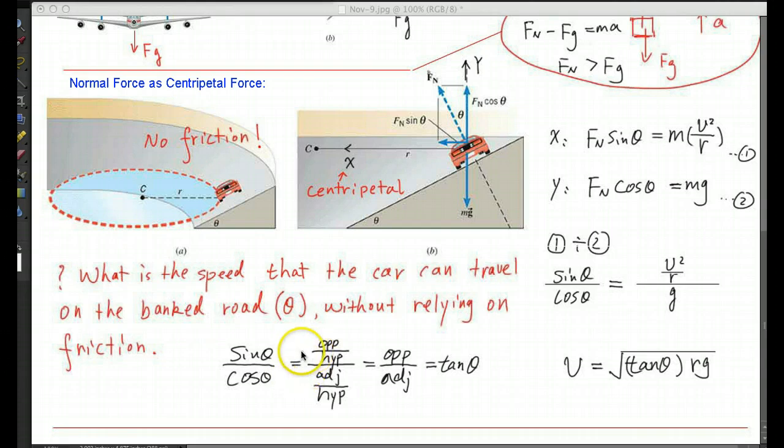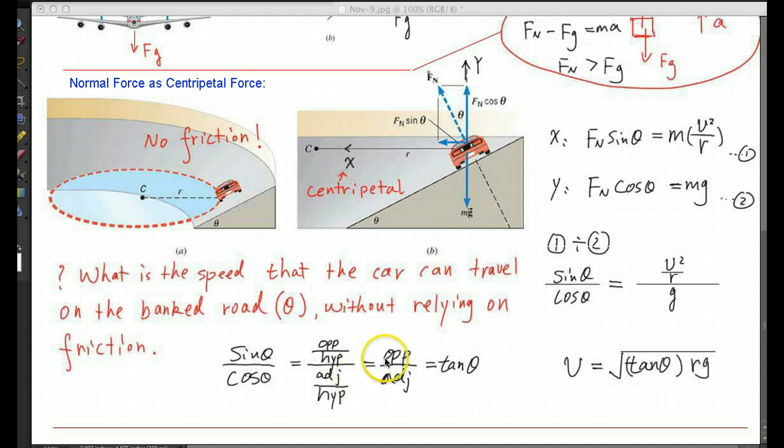What you can do is write sine theta as opposite over hypotenuse, and cos theta as adjacent side over hypotenuse. Then you can multiply the hypotenuse on both numerator and denominator. You can cancel both of them.